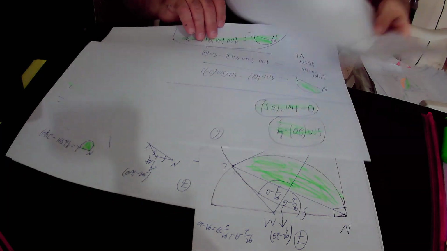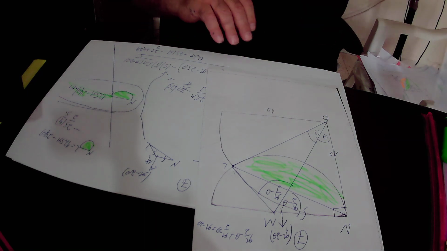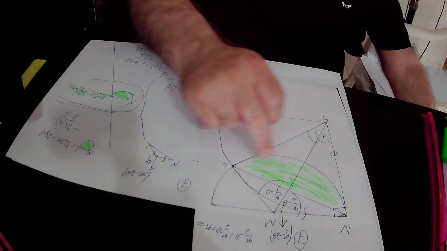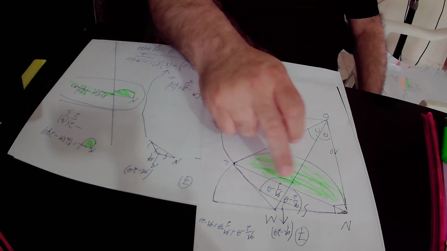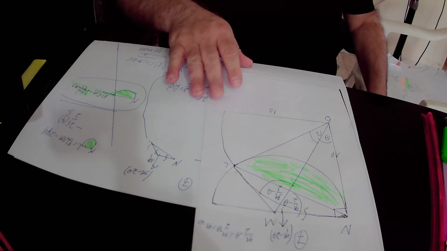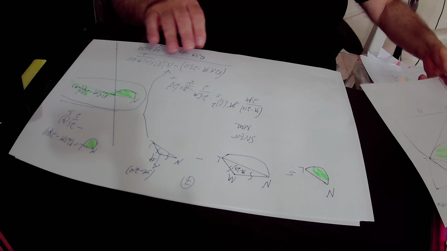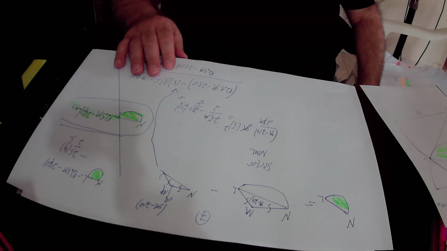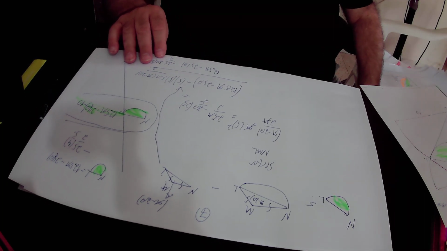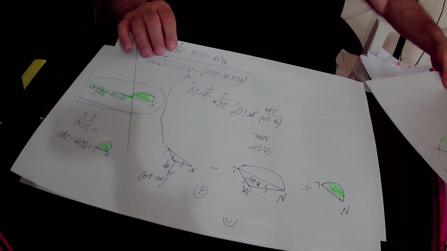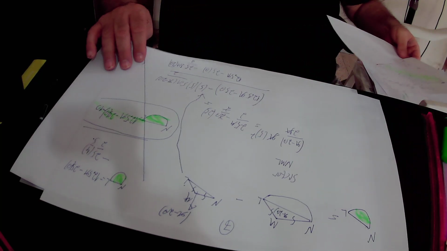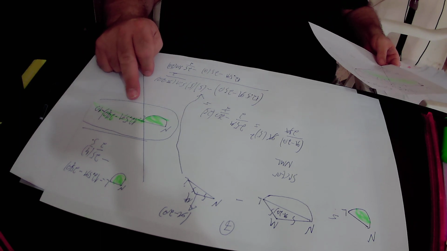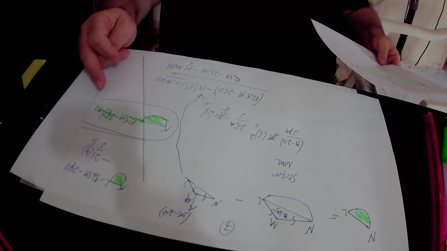Then we calculated the area of the lower circular segment of the big lens, and it is equal to 12.5 pi minus 25 theta minus 10.